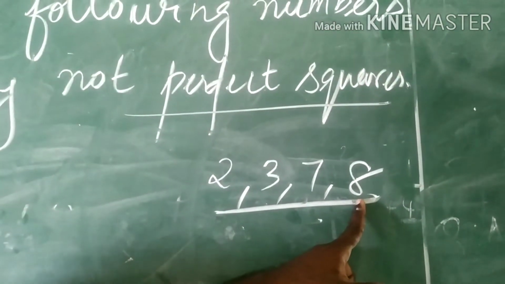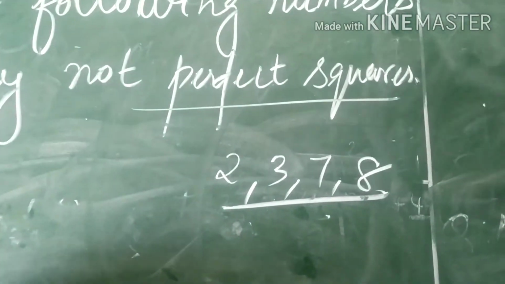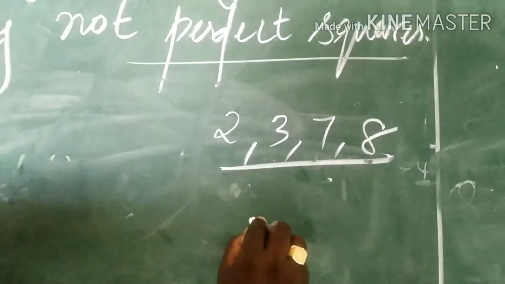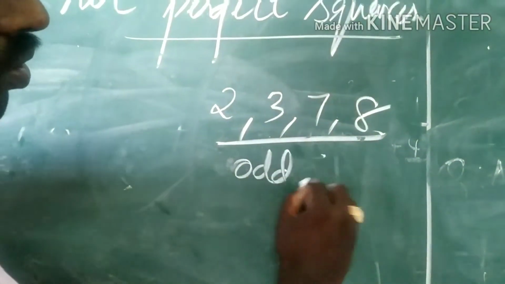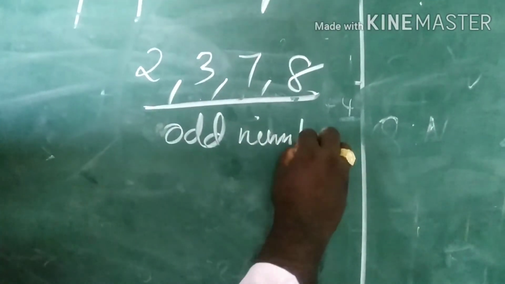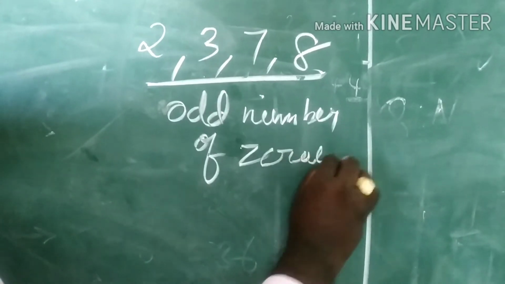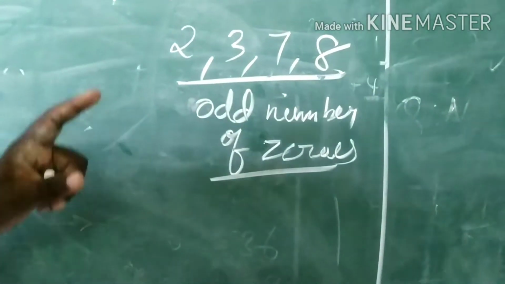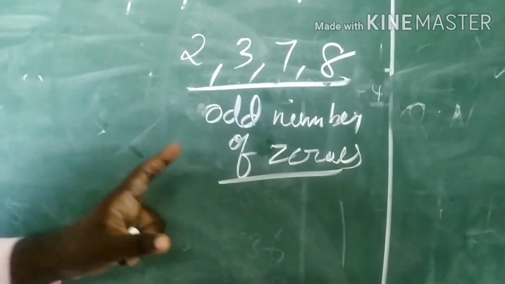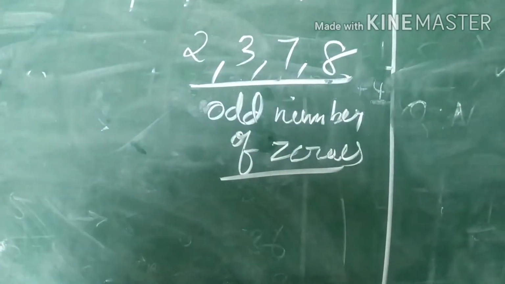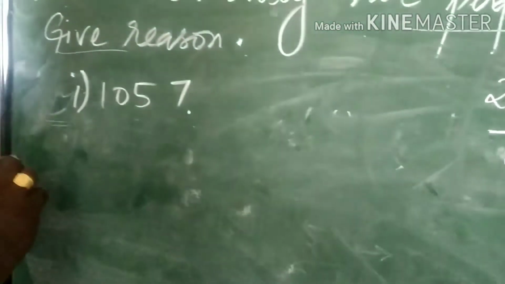Also, if a number ends with an odd number of zeros, that number is not a perfect square. Is it clear?